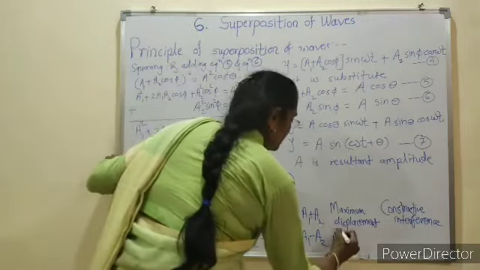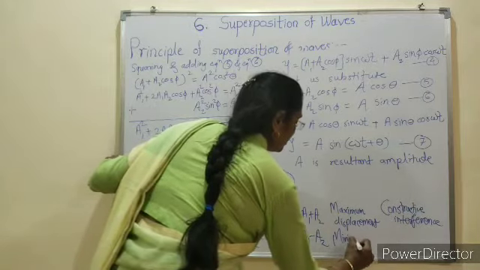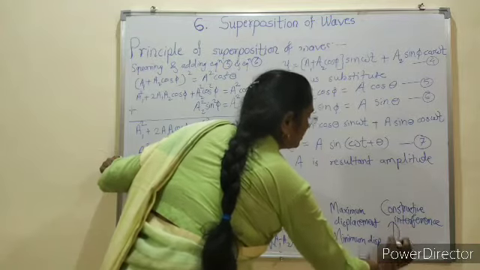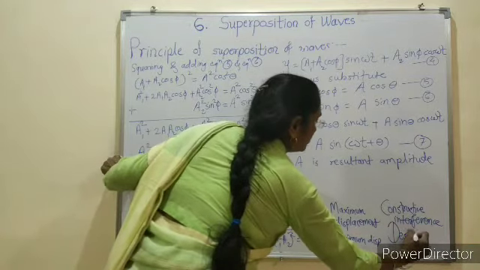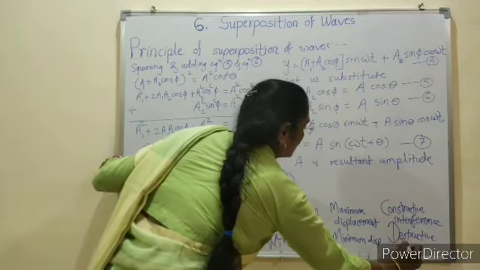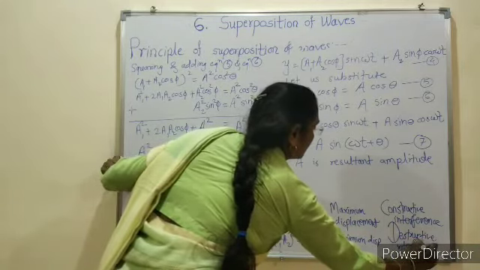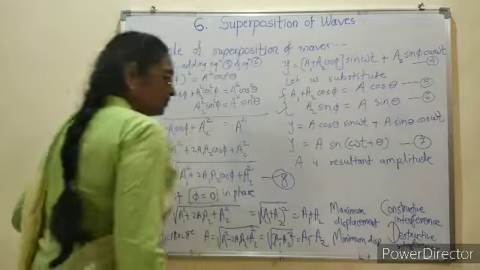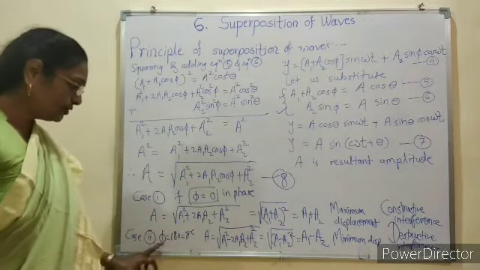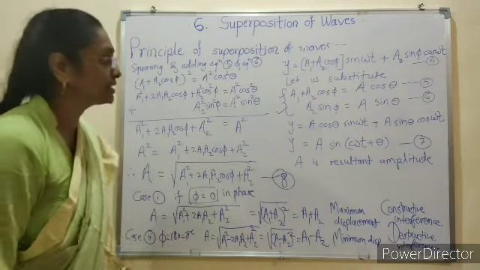The displacement is here minimum displacement, and the interference is called destructive interference, when the two waves arrive out of phase.